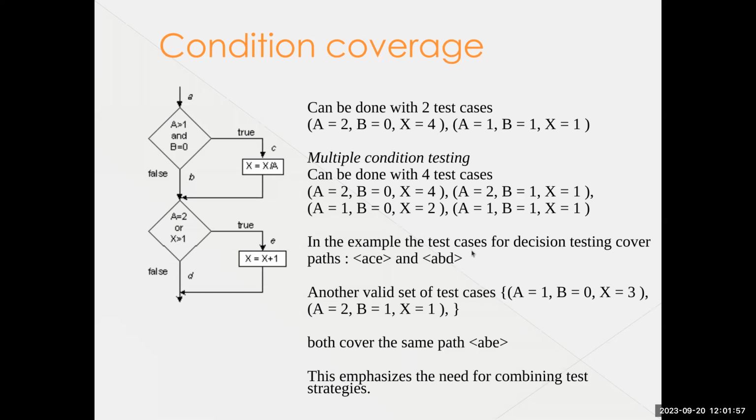In this example, the test case decision test covers paths ACE, ACE, and ABD, ABD. These things are covered. And the valid set of tests are A equal 1, B equal 0, X is equal to 3. Both cover some same path ABE.